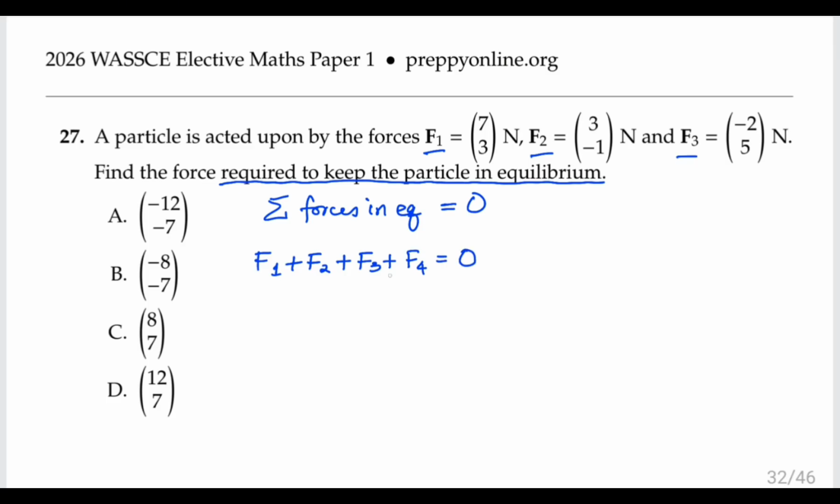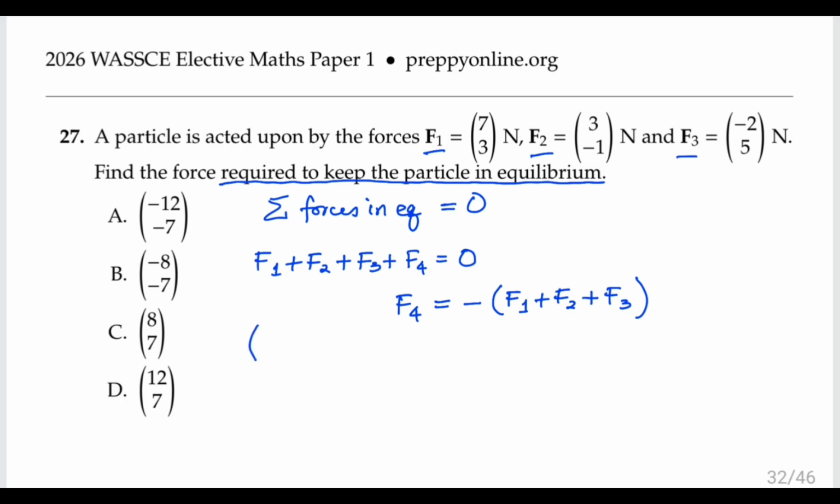What does that mean? It means that F4, which is what we're looking for, is equal to negative (F1 plus F2 plus F3). So we can find F4 by adding the three forces we've been given and taking the negative of that. So let's add the three forces.